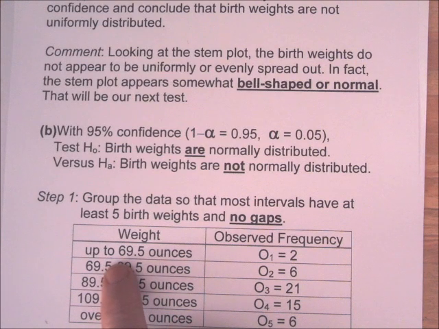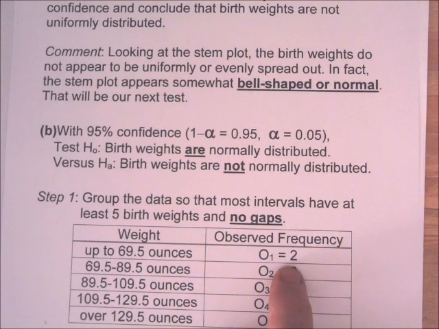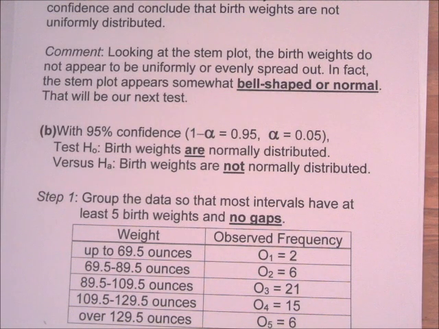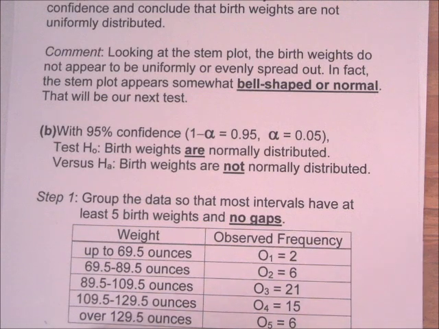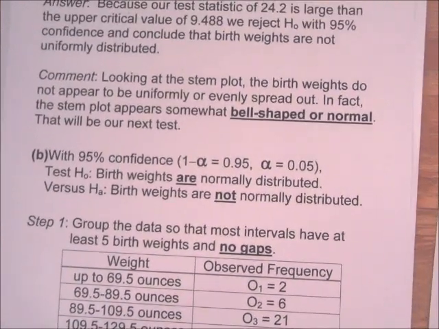So we're going to count everything up to 69.5 ounces as the first interval. And then 69.5 to 89.5 and so forth, so that we have no gaps between the intervals. The last interval will be over 129.5 ounces, and then we can compute the expected numbers.